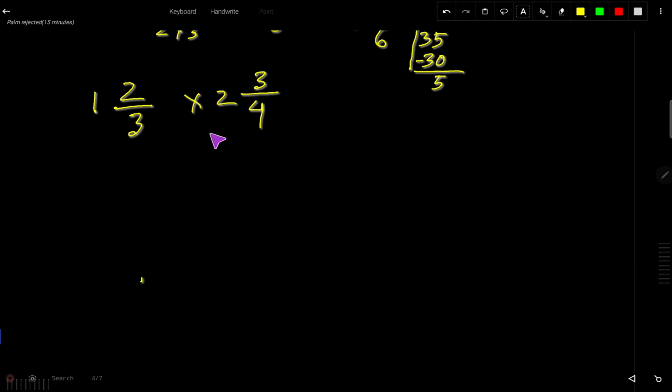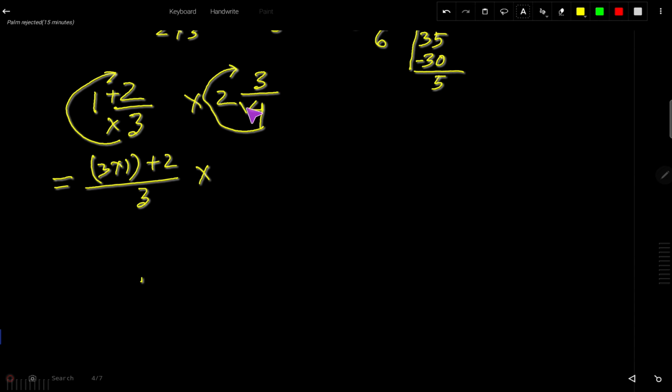This is a mixed number, this is a mixed number. So how to multiply? At first we have to convert the mixed numbers to improper fractions, right? Multiply, plus, so 3 times 1 plus 2, and we take the same denominator.